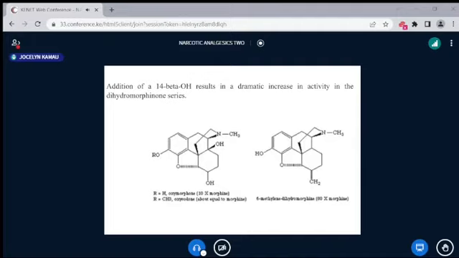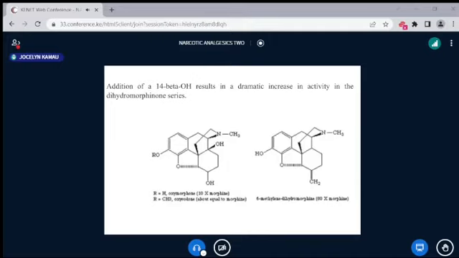And again, it was also found that if the hydroxyl group at position number 6 is changed with a methylene group, incidentally, the resultant compound, which is 6-methylene dihydromorphine, was found to be very active.